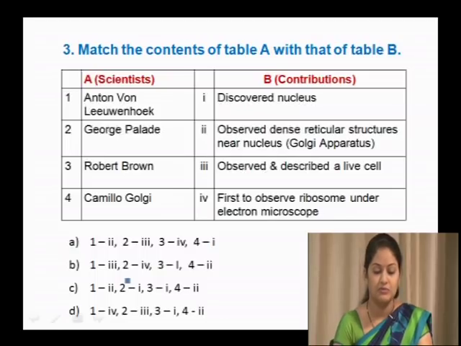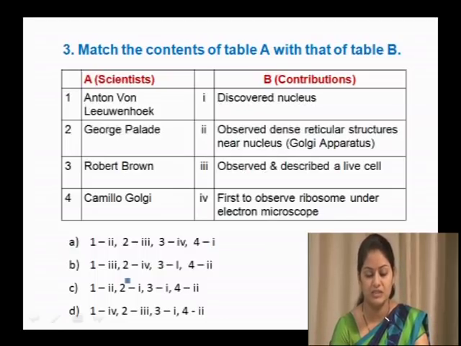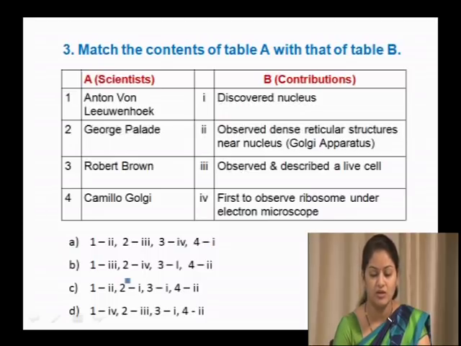Continuing with Anton von Leeuwenhoek, we already know that he was the first one to observe and describe a live cell. So for first one, option is Roman number 3. Second scientist, George Palade, was the one to first observe ribosome under electron microscope.